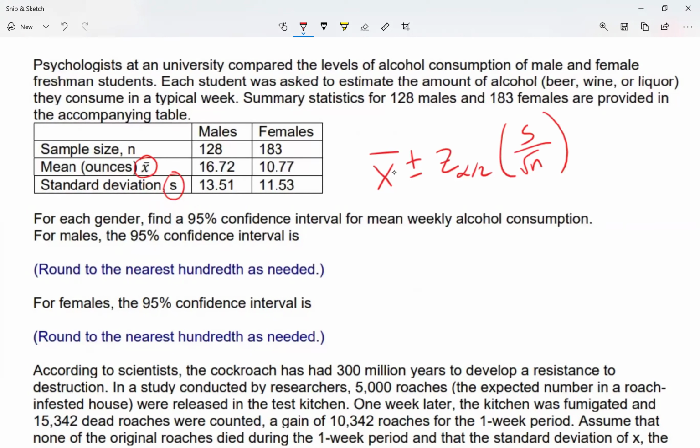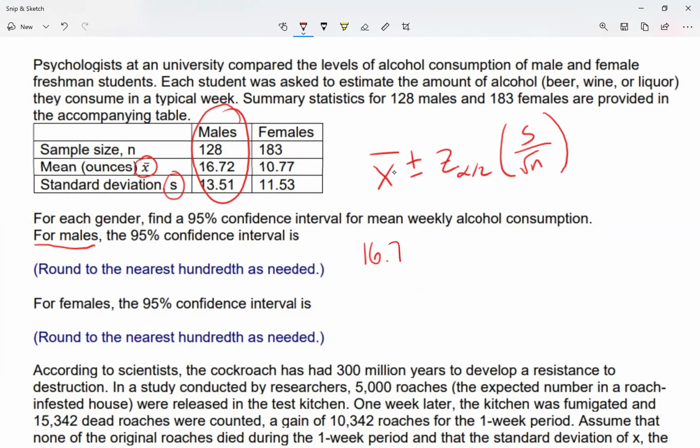So according to this, a 95% interval, let me take a look at males, because the first question says for males. So I'm just looking at males. The average for males was 16.72, plus or minus my C value according to our table. Remember, I gave you a table last week. According to our table, a 95% interval is 1.96.